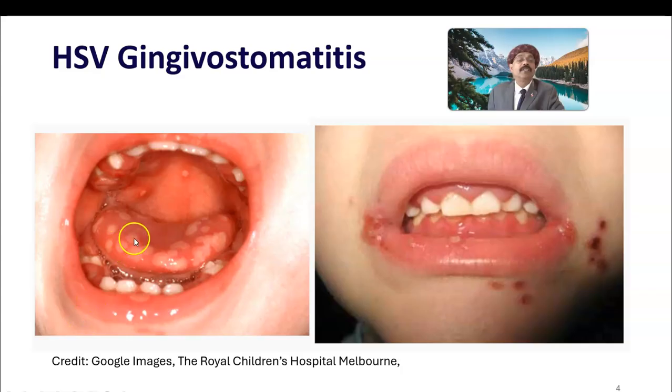Okay, these are herpes simplex virus gingivostomatitis on the tongue, on the palate, and maybe the lip here, on the skin close to the mouth.